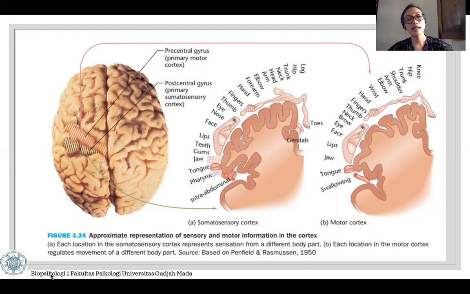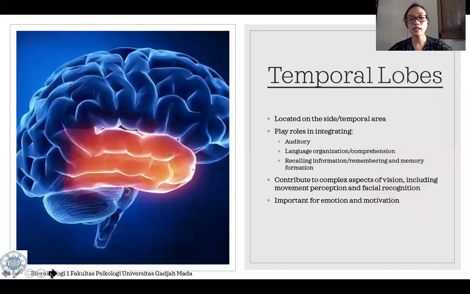All right, the next area is the temporal lobe, the lateral portion of each hemisphere near the temples here. Yeah, it is the primary cortical target for auditory information. So in the human temporal lobe, in most cases, the left temporal lobe is essential for understanding spoken language. And the temporal lobes also contribute to complex aspects of vision, including perception of movement and recognition of faces.